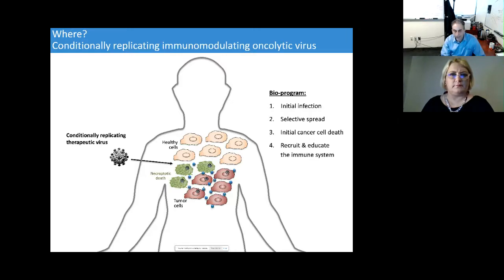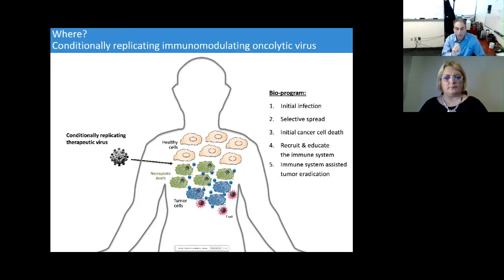And in addition to that, the virus secretes these inflammatory cytokines, specifically IL-12, which helps recruit the immune system, so that the immune system, by means of the T cells coming in, creates inflammation. So the combination of the immune cells and the virus together work towards eradicating this tumor.